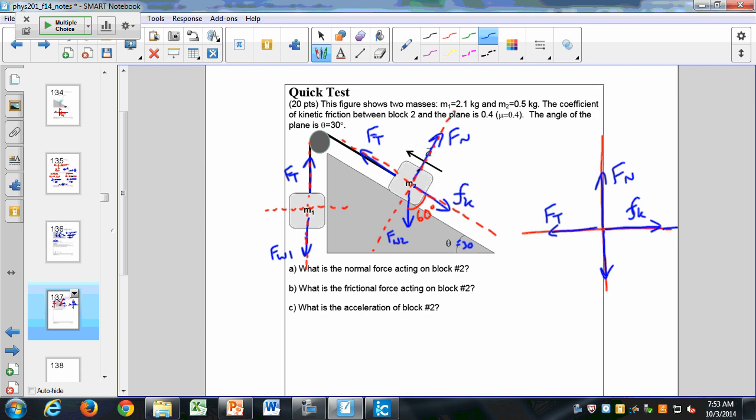Oh shoot. Now you want to write your system of equations. You'll have an equation here describing the motion in the y direction.